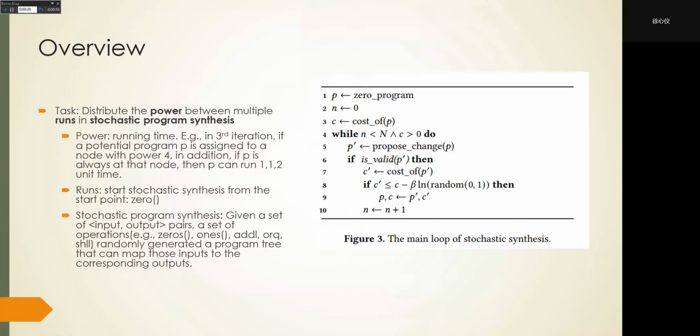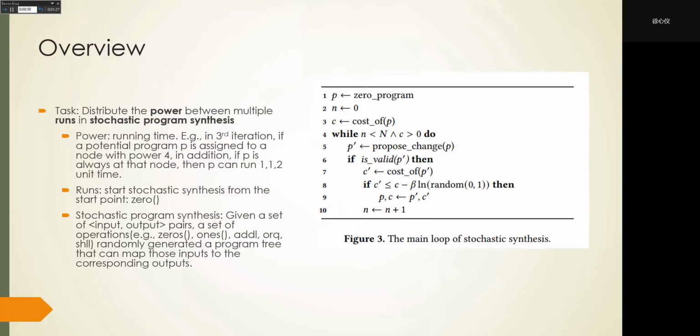Second, if you do not specify what output should be generated from an input, then different programs can also be the answer to one stochastic program synthesis problem. So one problem can have multiple very different programs as answers.